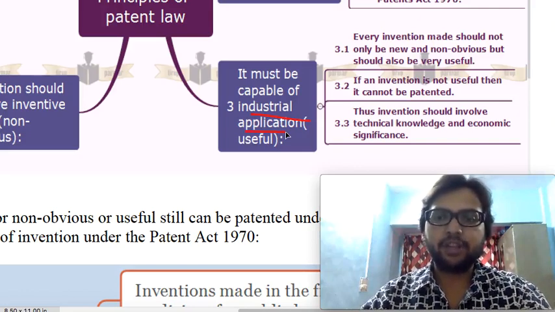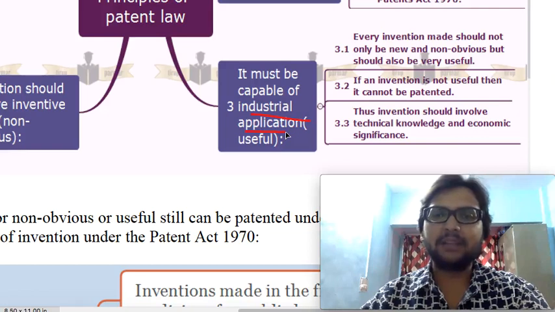That invention might harm the environment, that invention might harm public health, or that invention might harm in some different way our society or animals or any other way. Then those inventions should not come under the category of patent.